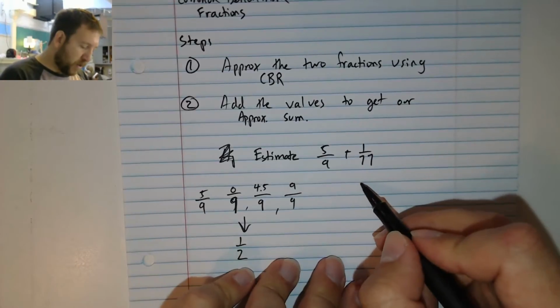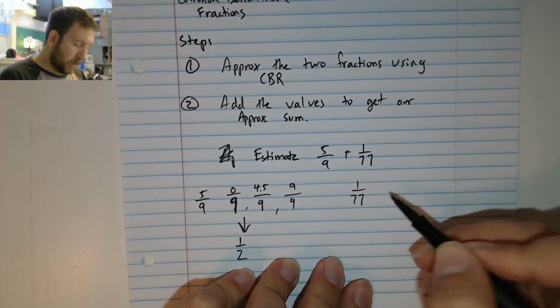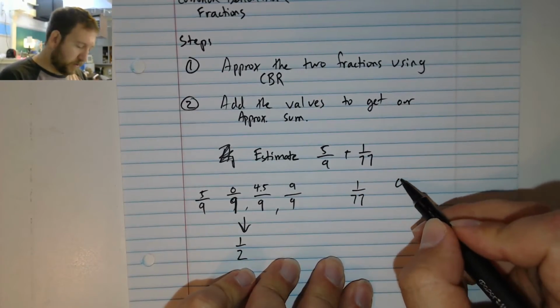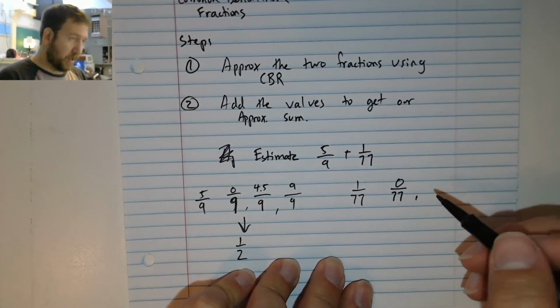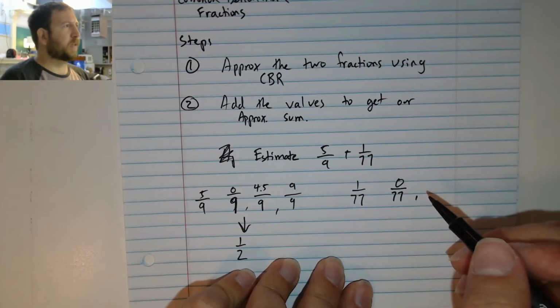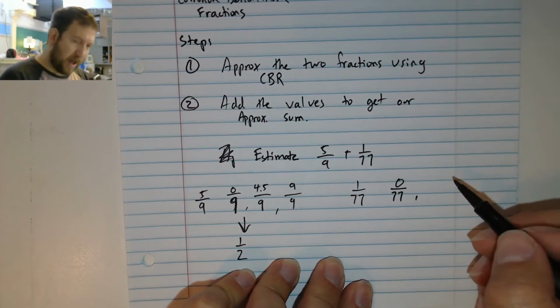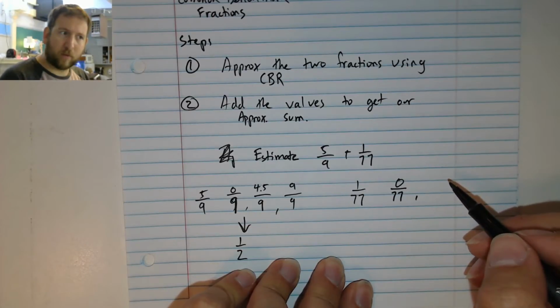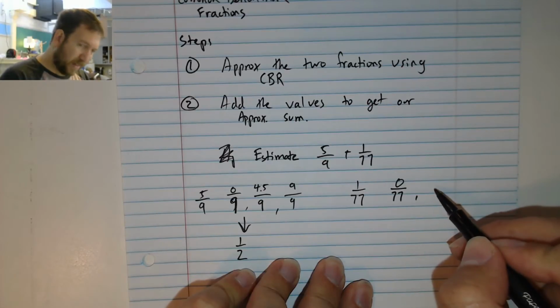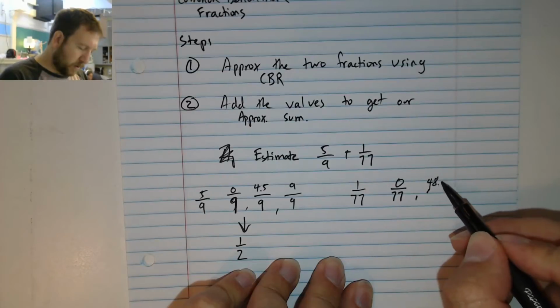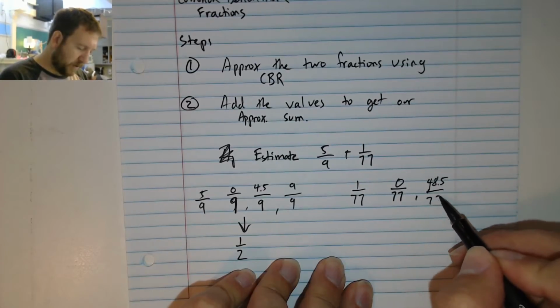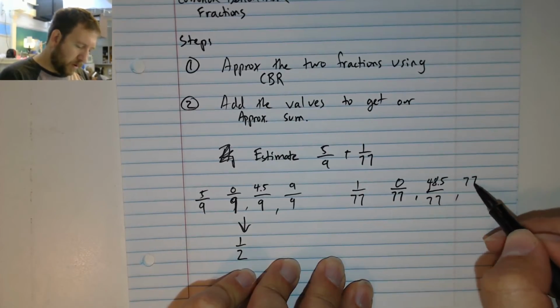Now let's take a look at 1/77. Is it closest to 0/77? Half of 77 is probably like 48.5, so I'm going to put 48.5 over 77, or 77/77.